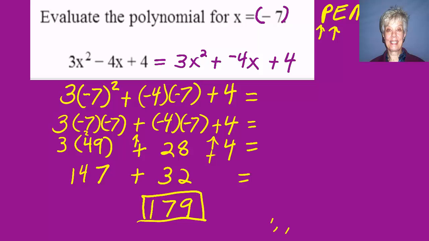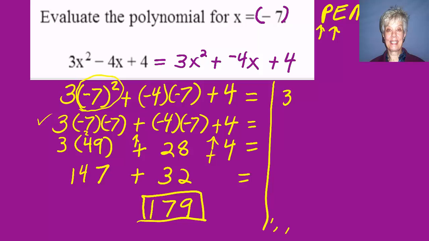So the very first thing I should have done, and this is correct the way I did this, but a much fancier PEMDAS-y way of doing it would have been to work with the exponent first and said, okay, now -7 squared is -7 times -7, which is positive 49.